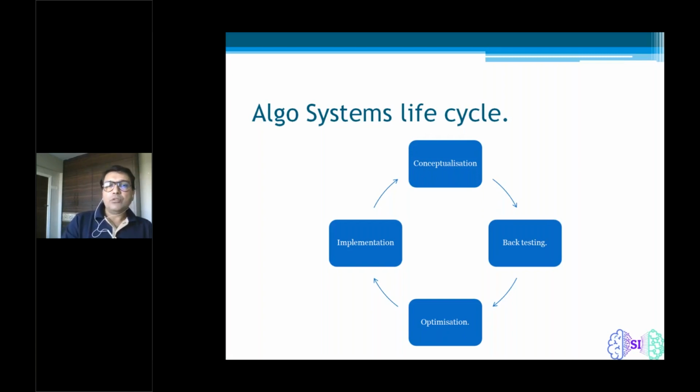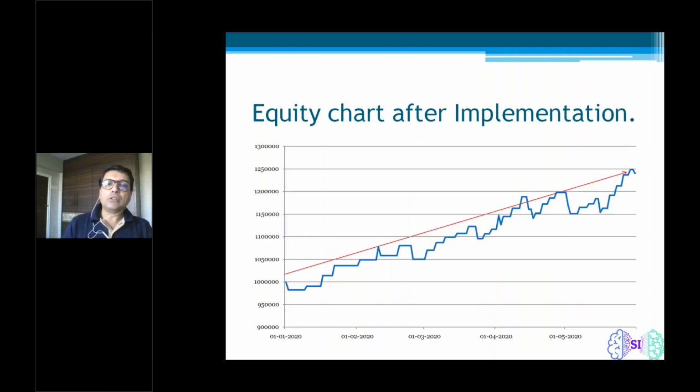So once you have gone through this, assume you have a system that you have gone live with, and that system is already performing for some time. Here's an equity chart, and I assume everybody must know what an equity chart is. It's nothing else but a chart of your profit and loss statement, or cumulative profit, you can say.